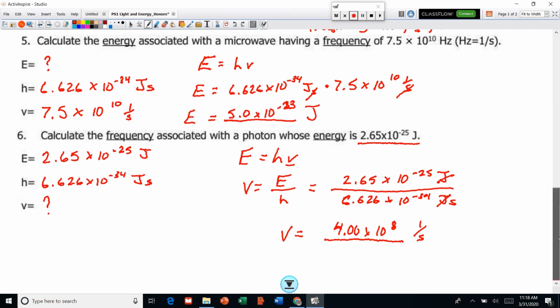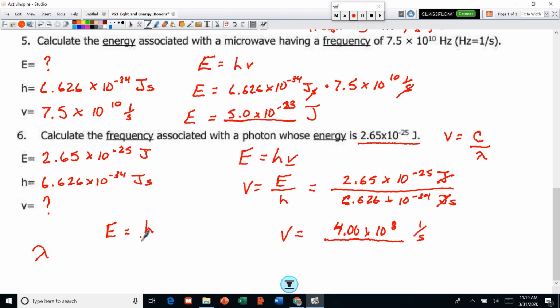All right, I am going to go ahead and talk about this. This one was asking for frequency, but what if it would have been asking for wavelength? We don't have wavelength in this formula. You could do 2 separate problems, or you could rewrite this equation. Energy equals Planck's constant times V, and remember that frequency is equal to C over wavelength.